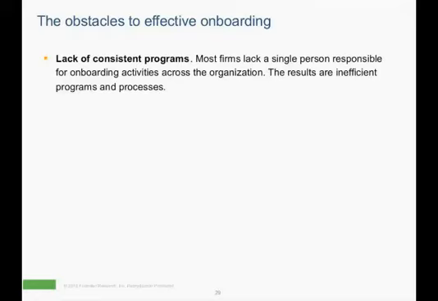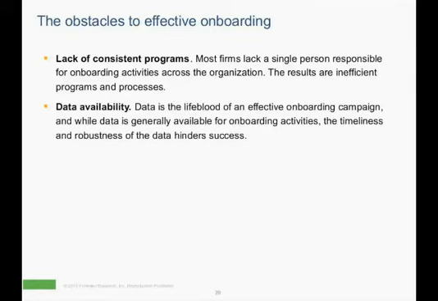We see a lot in credit cards where maybe a credit card is a co-branded card and that co-branded partner does the onboarding. It may be done at a function level, by marketing. It may be being done by the channel. Very seldom do we see an enterprise group handling this. It's grassroots, and there's a lot of lack of consistency, which results in inefficient programs and processes.